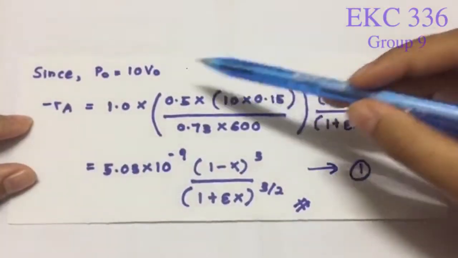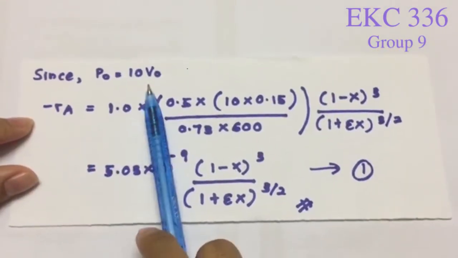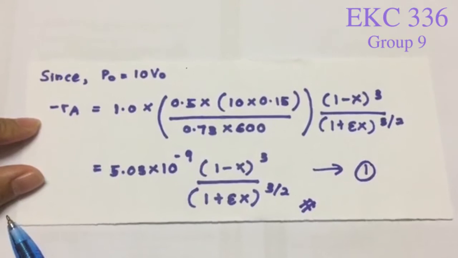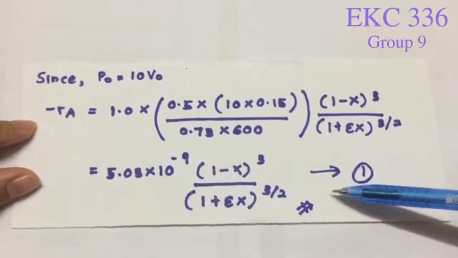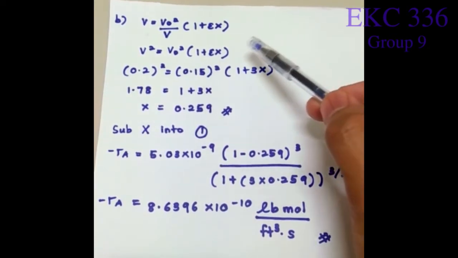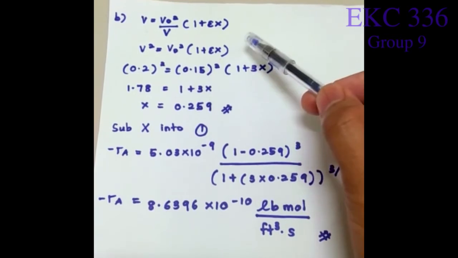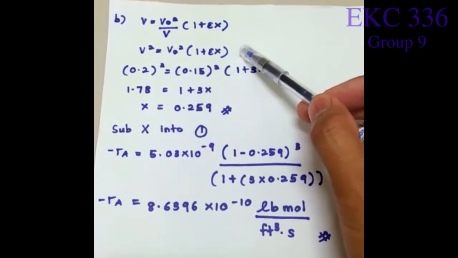Since we know that P0 equals 10 V0, we can substitute the information into the earlier equation, and then we get this. To find the conversion, we take the equation from part A, which is V squared equal to V0 squared times (1 plus epsilon x).